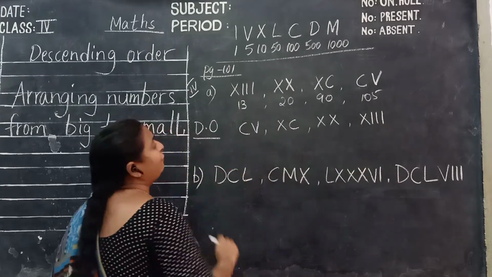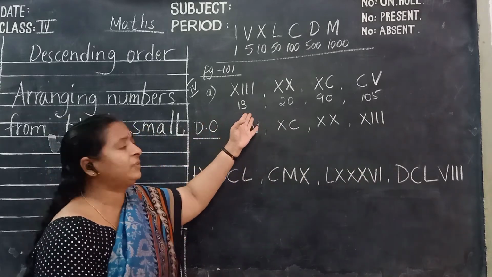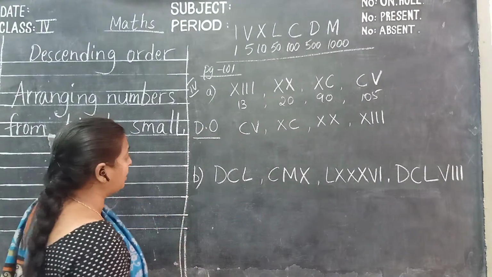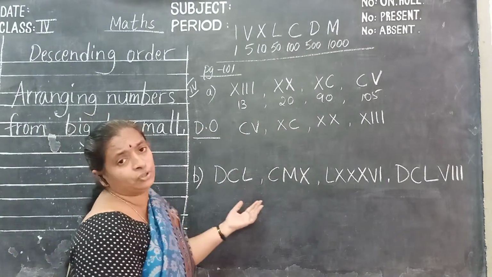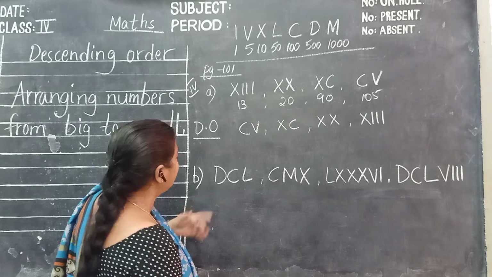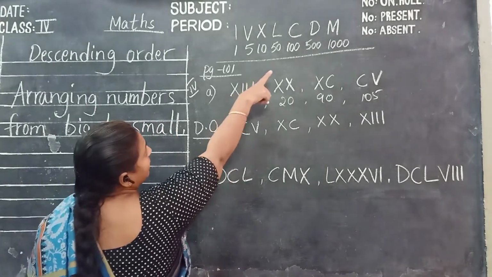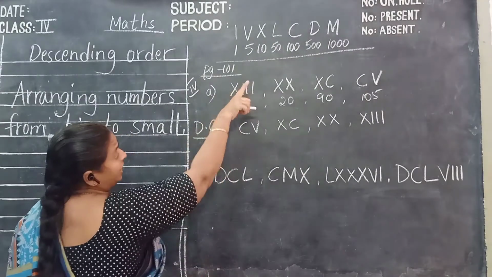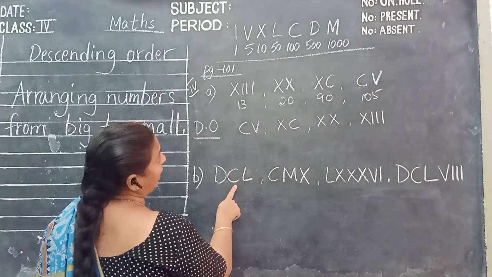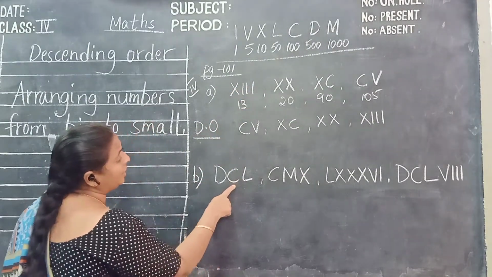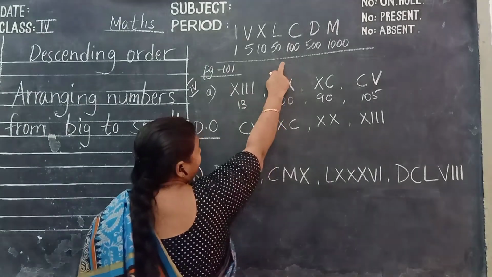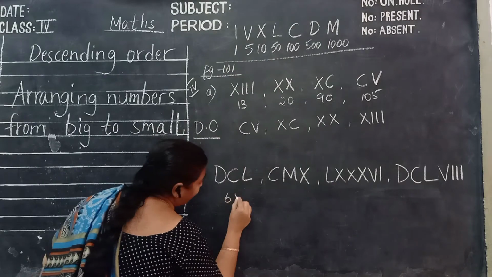See, children, like this we should change them with the help of Hindu-Arabic numerals. Now see, children, this also we should change into Hindu-Arabic numerals. What is the value of D? 500. Then C 100, then L 50. 500 plus 100, 600. 600 plus 50, 650.